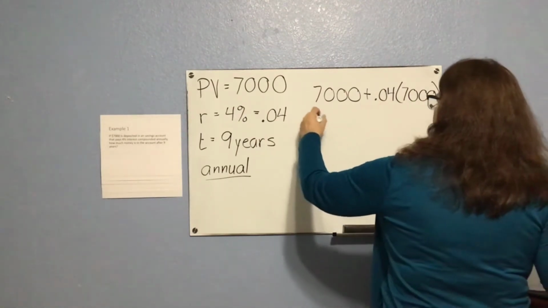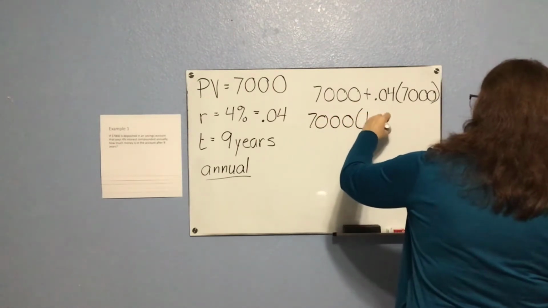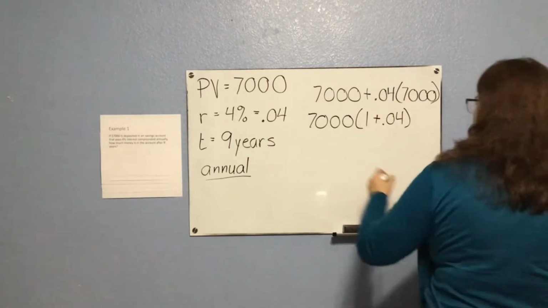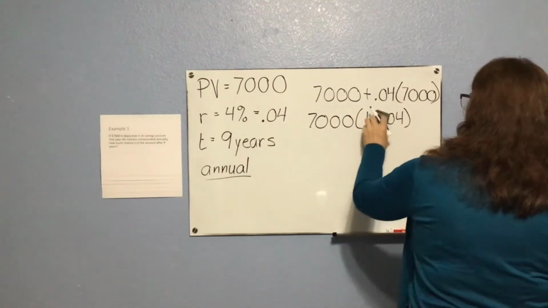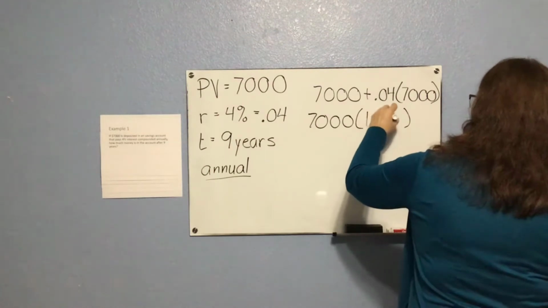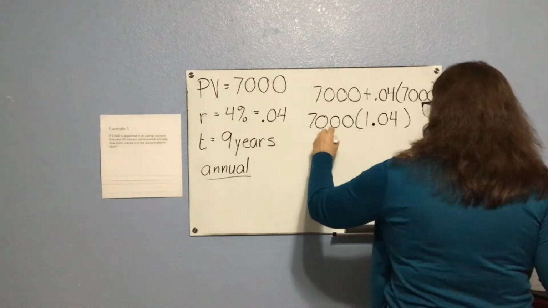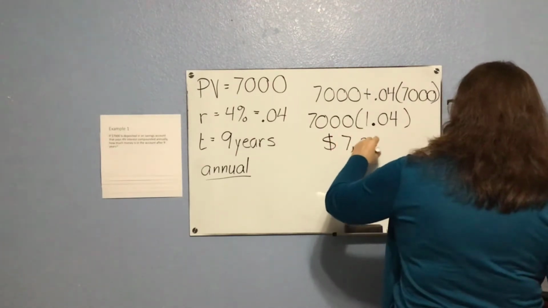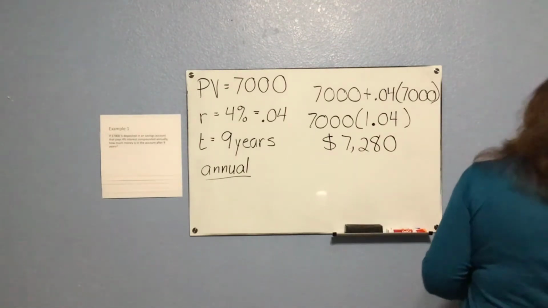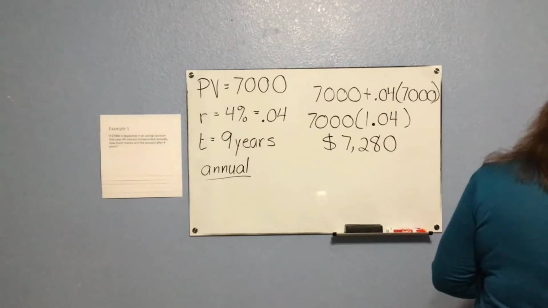And I could rewrite that as 7,000 times 1 plus 0.04. Or even a little more simply, I could take the plus out and just write 1.04. And this gives me a figure of $7,280. So in 1 year, we would get an additional $280 on this account.